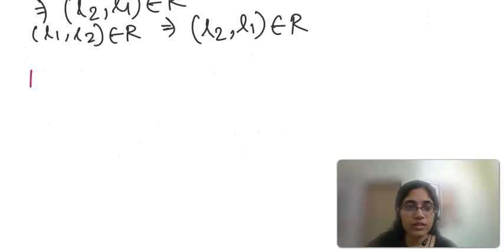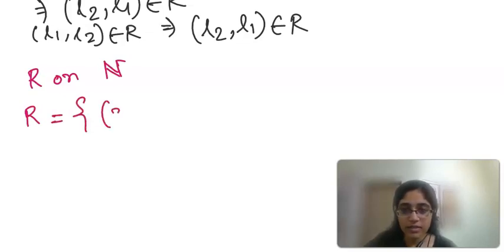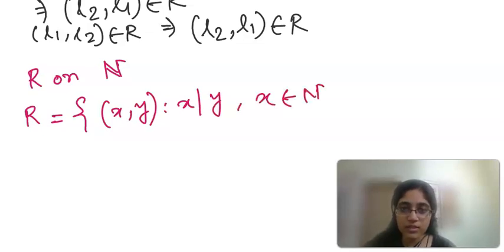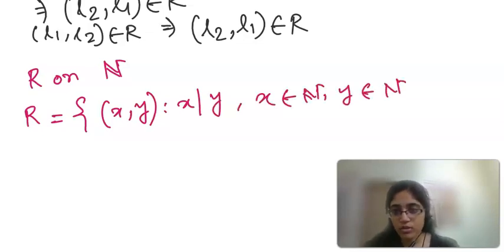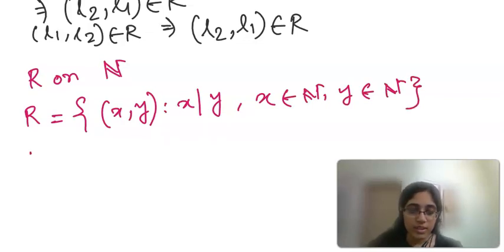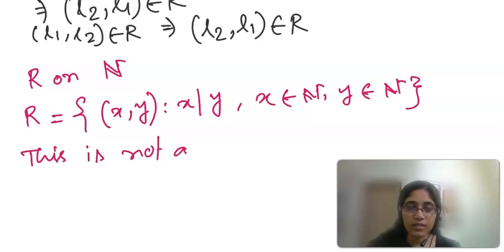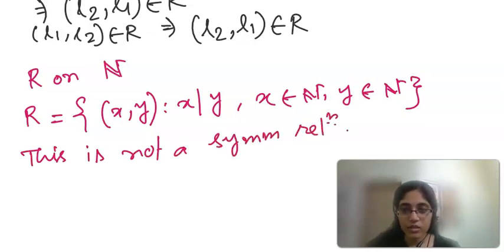Now consider the relation R on the set of all natural numbers N defined as R is equal to {(x, y)} such that x divides y, where x belongs to N and y belongs to N. So this is not a symmetric relation. Why?